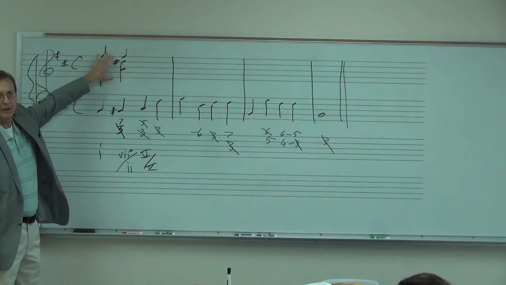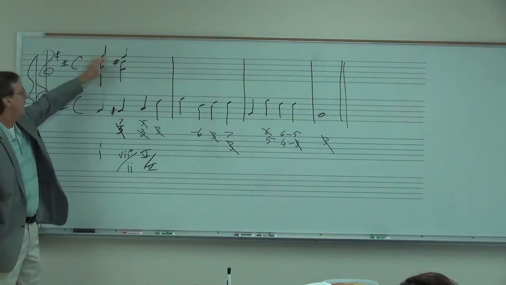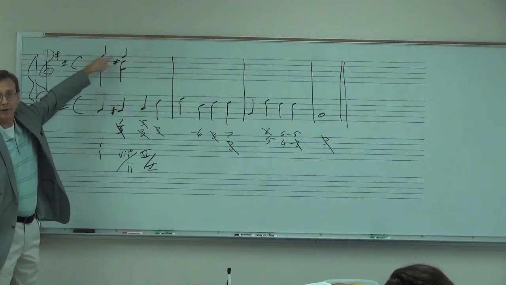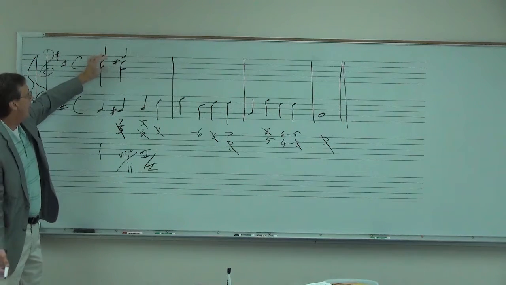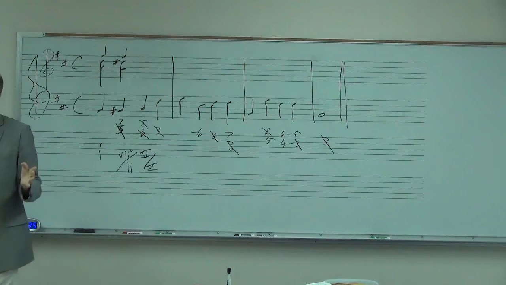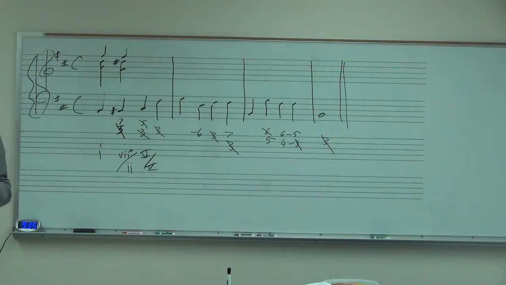Does anybody understand that? I have spelled this in such a way that I have this fifth that I have to resolve, right? This diminished fifth. But now I have an augmented fourth, which I have a variety of ways to resolve.